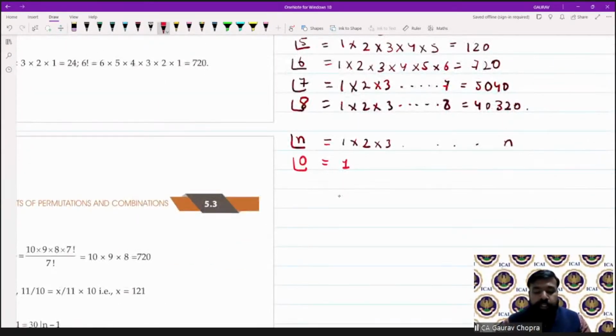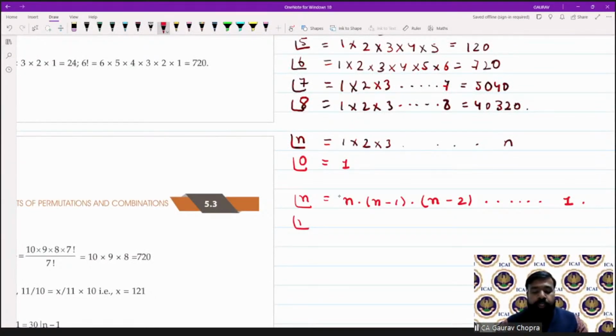Now there will be some places where we have to open factorial n. So how do we open? We can also write them in reverse order. If we want to open n factorial, we can write n multiply by n minus 1 multiply by n minus 2 and so on, and the last number will be 1.